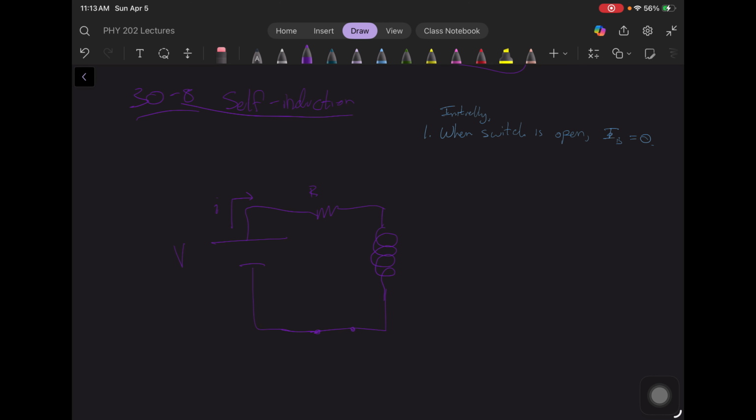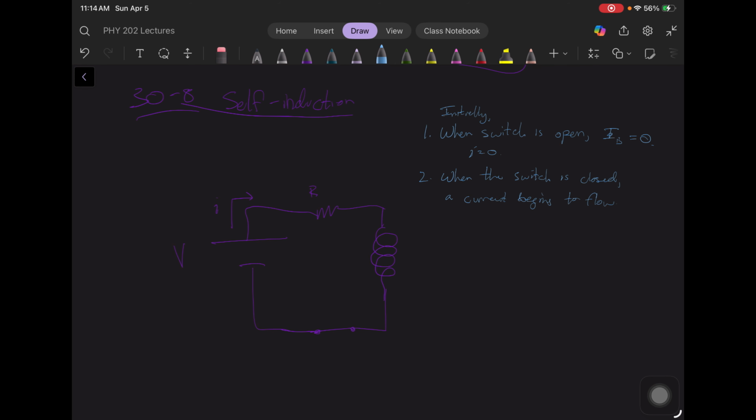I guess we could have also said I is equal to 0. So when the switch is closed, a current begins to flow.